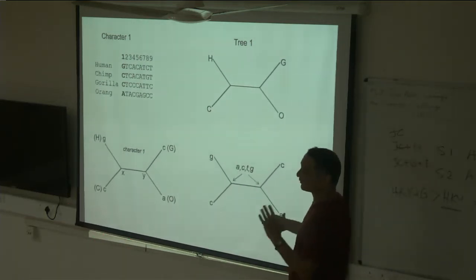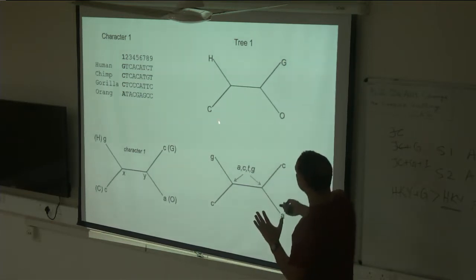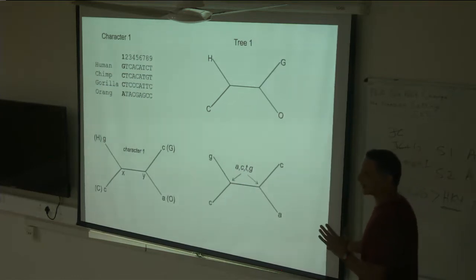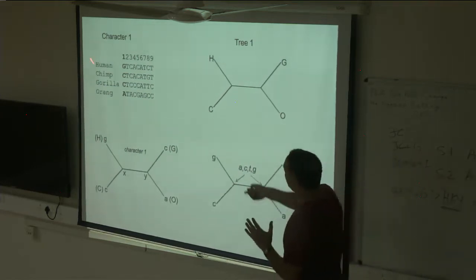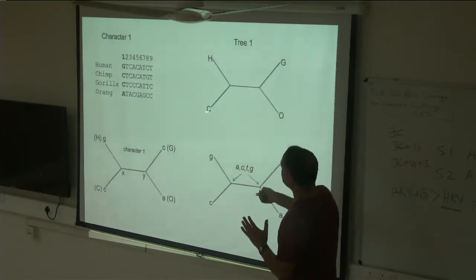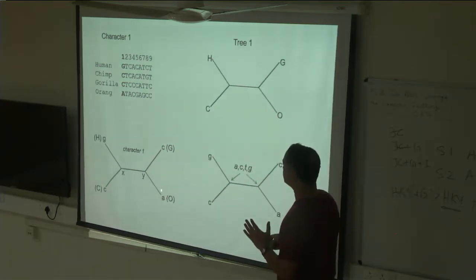So now let us just look at tree 1. In tree 1, human and chimpanzee are sister to each other. Gorilla and orangutan are sister to each other. And let's look at character number 1, and replace these taxa with the character.